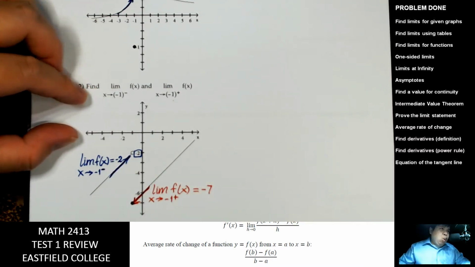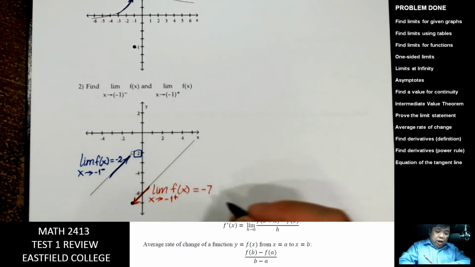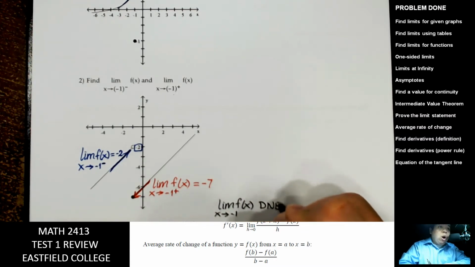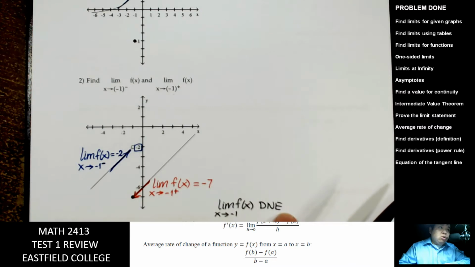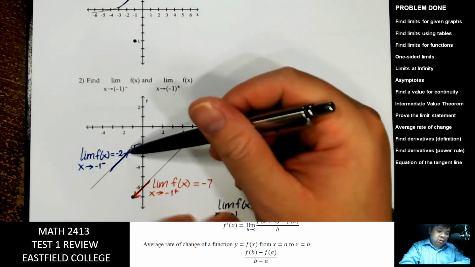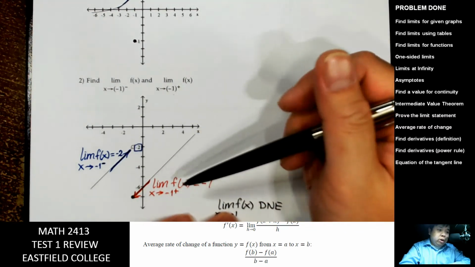Right. The question asks for the left and from the right. But we can also say the limit when x goes to -1 of the function does not exist. Although the question did not ask that, we can say the limit did not exist because the left and the right side do not agree.